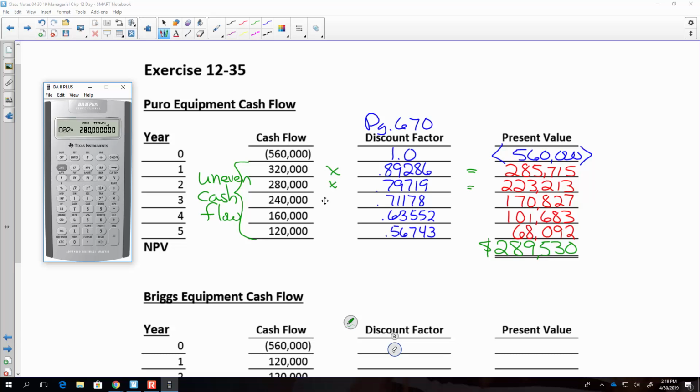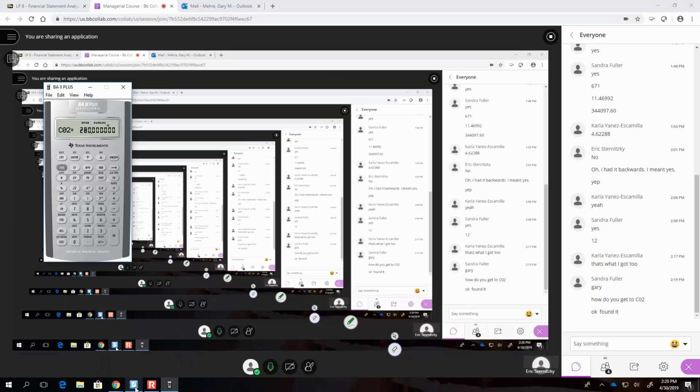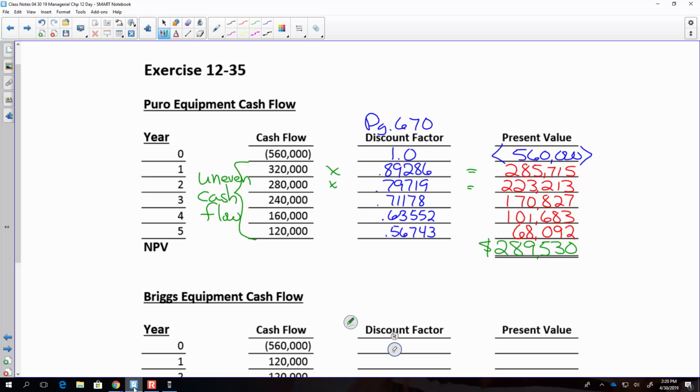Cash flow 3 should be 240. Okay, you see it in the book? I'm hoping that's in the book. It's the second year. Yep, second year. So 320, 280, 240, 160, 120.